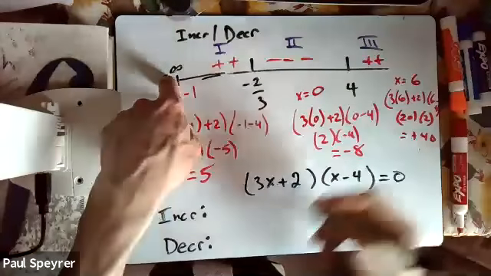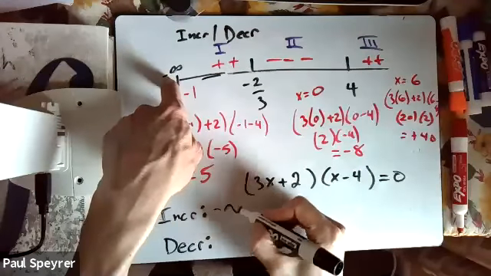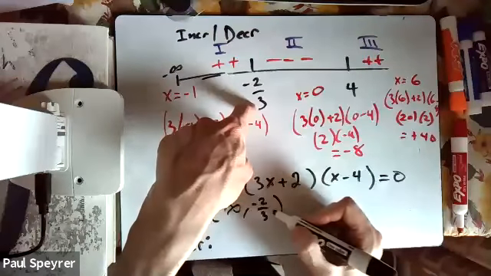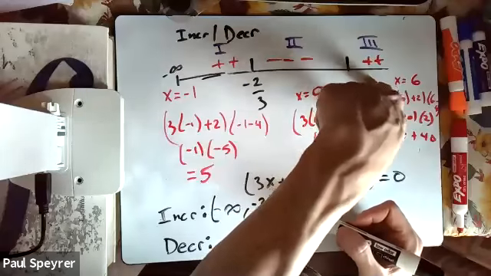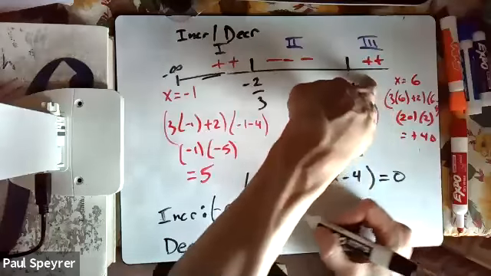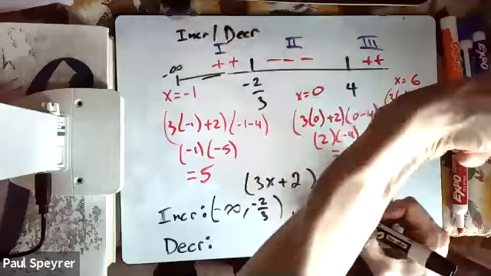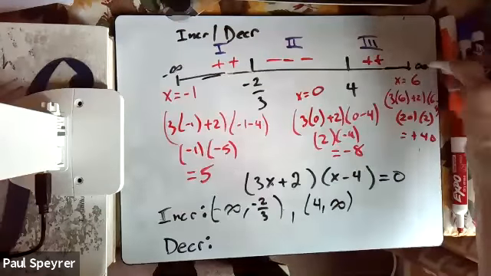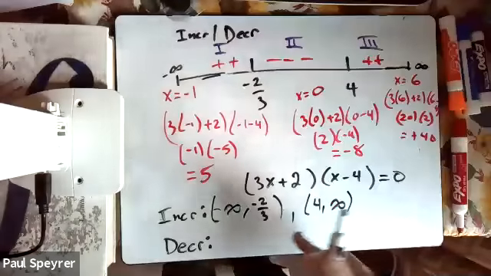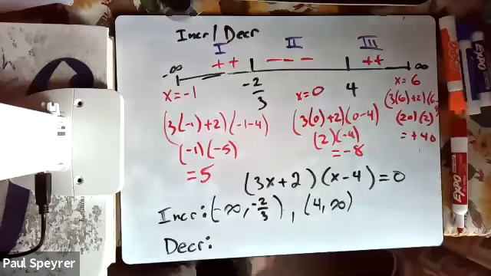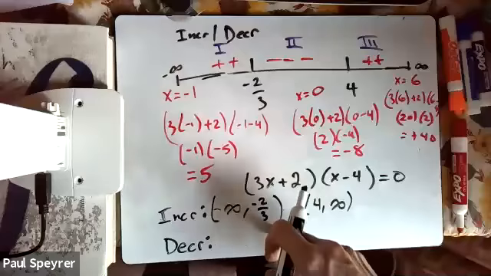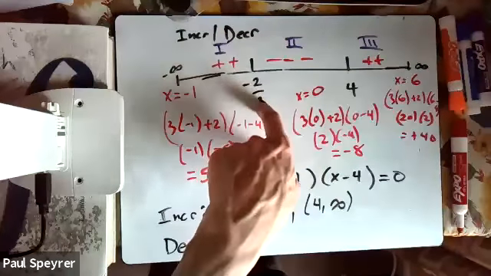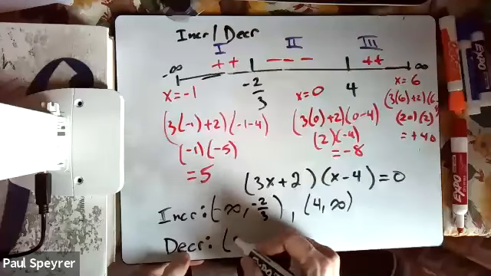So starting at negative infinity to negative 2/3, we're increasing. We also have this other region, right? The next one, starting at 4 to positive infinity. Because again, this shoots off forever to the right towards positive infinity. Remember, you're always going to have parentheses around these values. Where are we decreasing at? What's the interval? Well, you have some minus signs, right? What's that region? Negative 2/3 to 4.